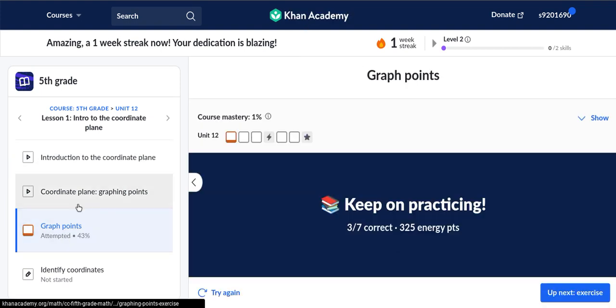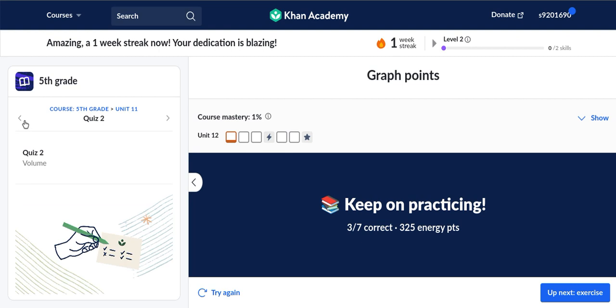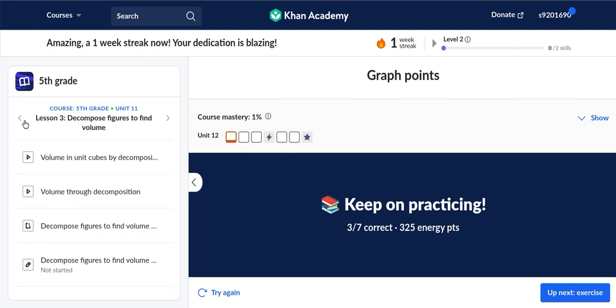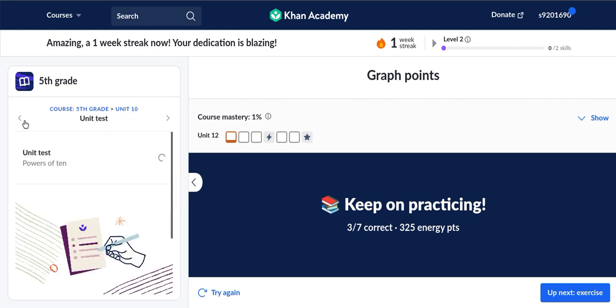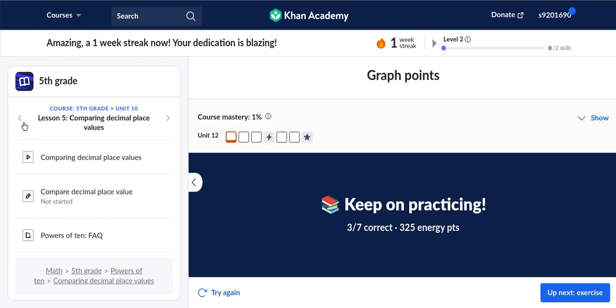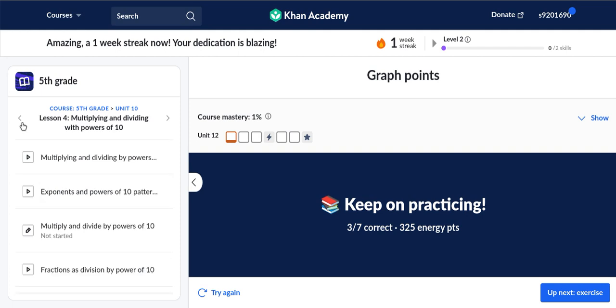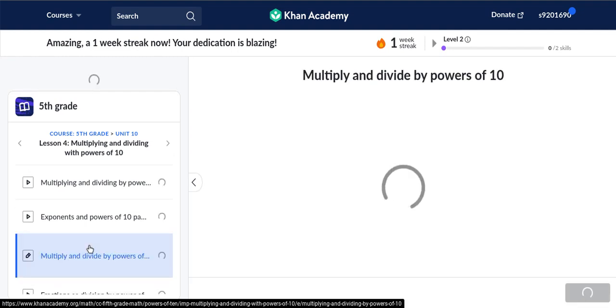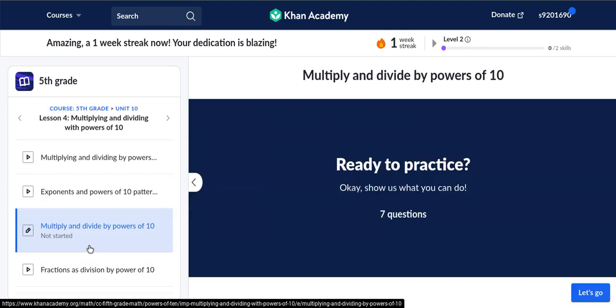That wasn't really so good. But we're going to go to this. We're going to do multiplying and dividing by powers of 10, which is the easiest thing, but this is what people struggle on.